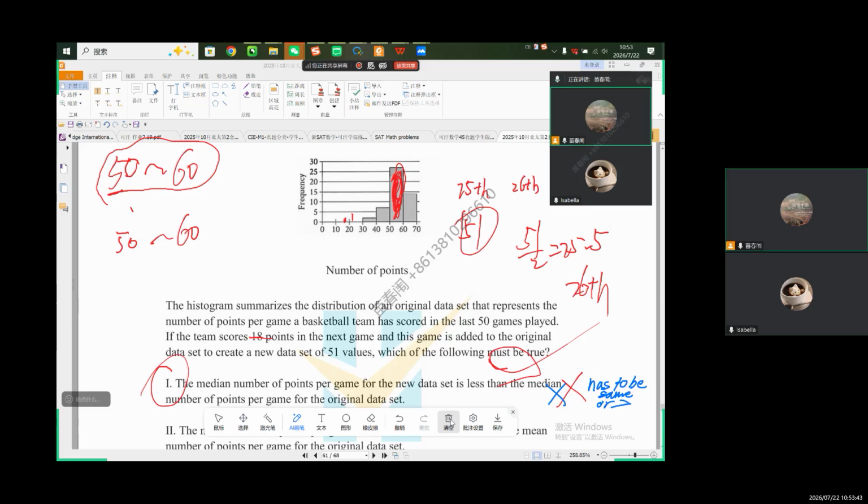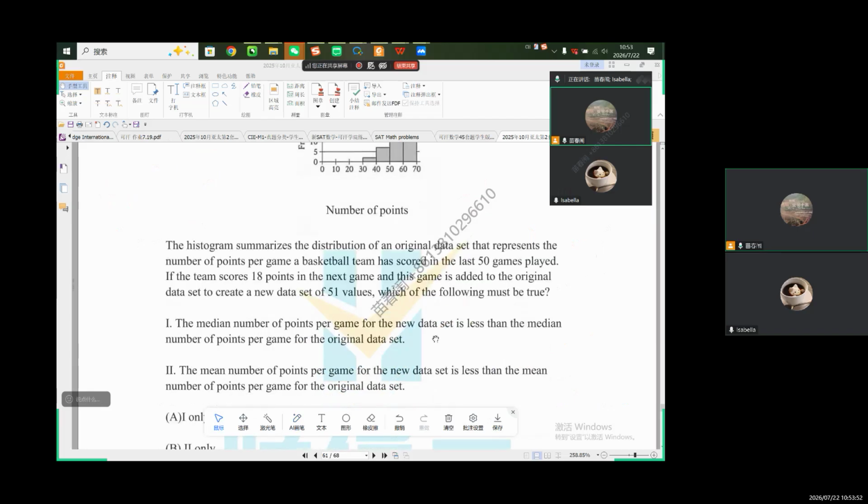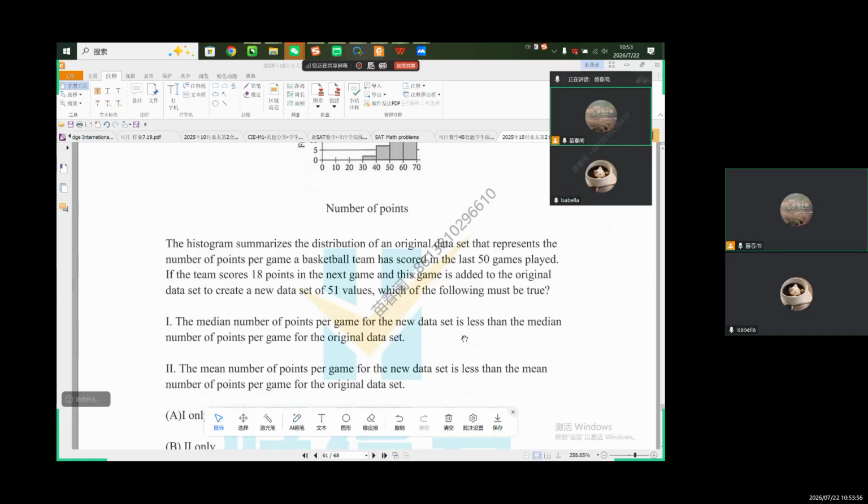Is it the same? Okay, yeah, that makes sense now. That's the one in here. And I think the second one would be easier. The second one is the mean. I feel like it could be less because 18 is such a low number. So it must be less, right?